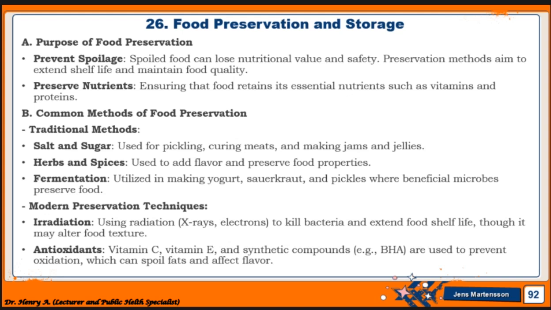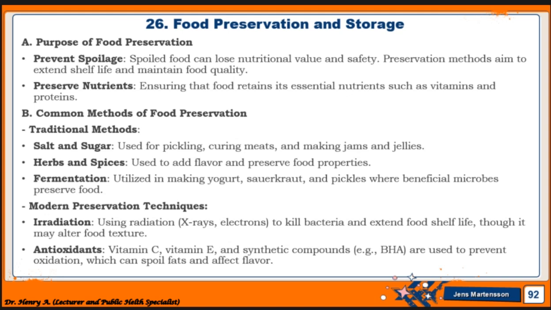Under preserving nutrients, you want to ensure that the food retains its essential nutrients such as vitamins and proteins. Because if you don't do that, the food will degrade and will no longer have the full dose of the nutrients that it ought to have.